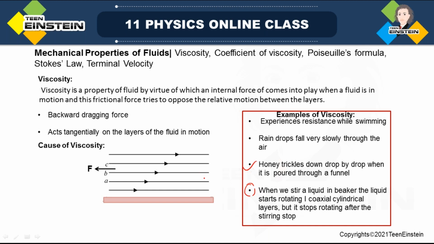Why is it happening? Because there is viscosity, there is internal frictional force that comes into play, and that will stop the motion of the liquid. So these are a few examples of viscosity.